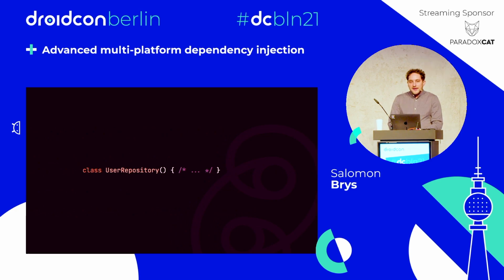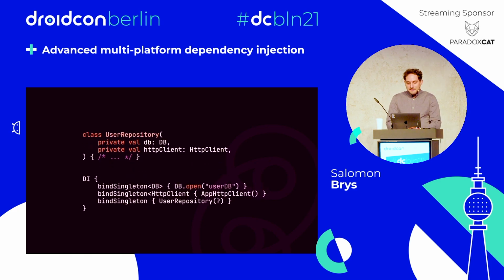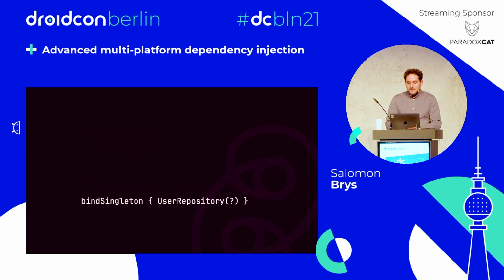Let's say that we have a user repository class, and that user repository has two dependencies, a database and an HTTP client. So binding them is pretty easy. We bind all these three classes as singleton. The question is, how do we pass parameters to user repository?